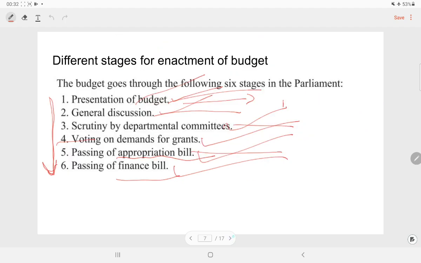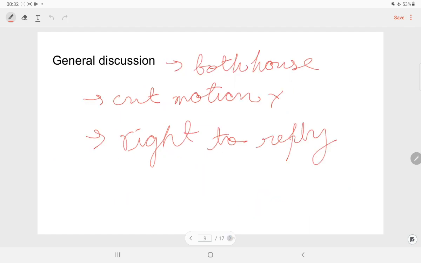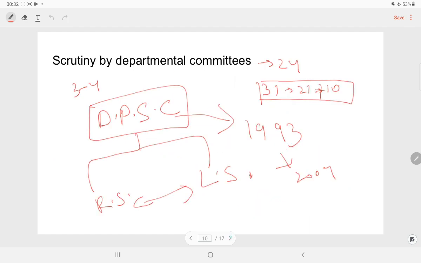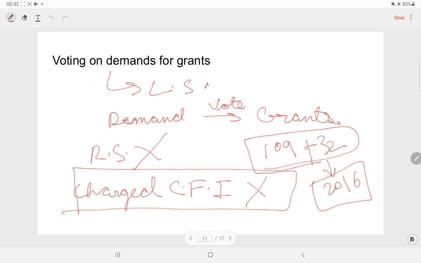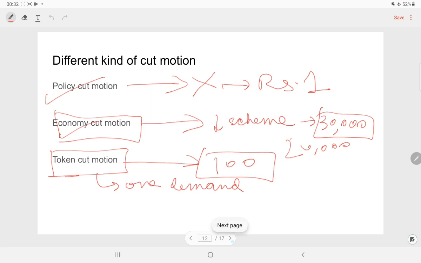I have discussed that. Then I have discussed all the stages of the budget: presentation, how it is done, general discussion, then scrutiny by departmental standing committees of parliament, and after this scrutiny it goes to voting.